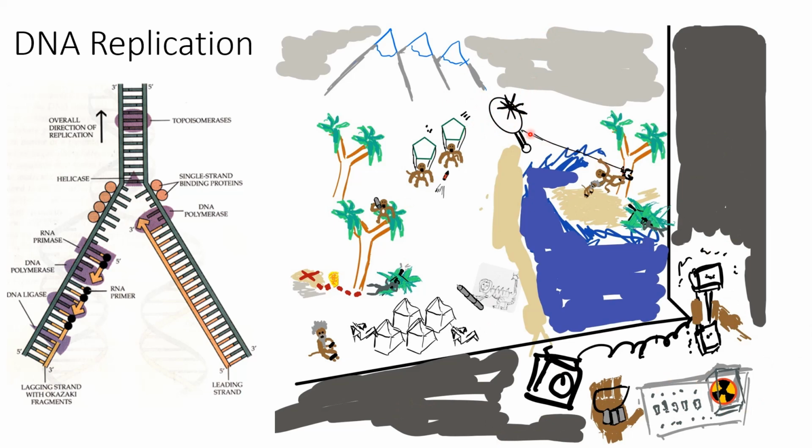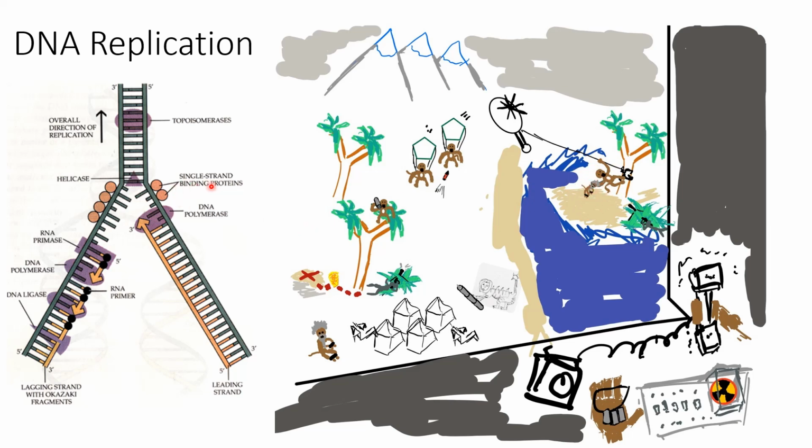So your leading strand, he's going to be leading a prisoner out. You're just going to have one RNA primase, right? These are primate soldiers, I guess. So he's rescuing a single-stranded bound prisoner, right?